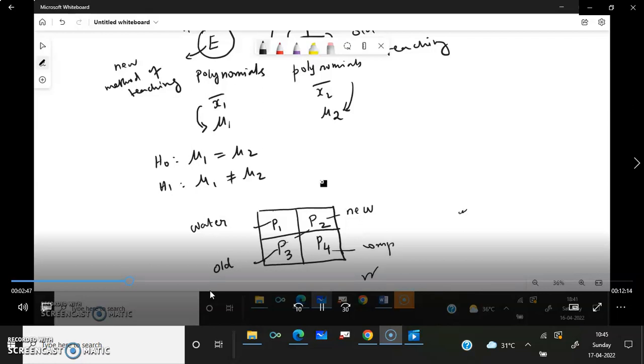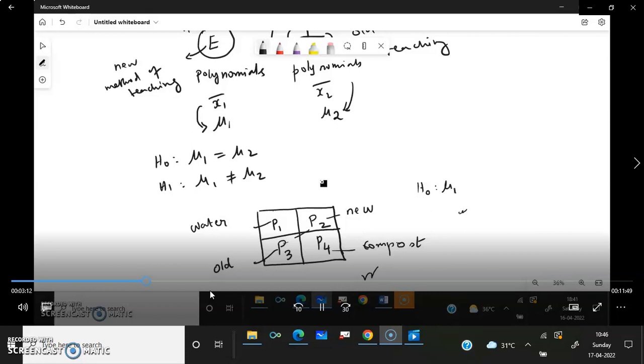The main reason for Anova is that you may have a doubt whether we can use t-test. That is, a t-test for P1 and P2, another t-test for P2 and P3, another for P3 and P4, another for P4 and P1. If you do such combinations of t-tests, there will be alpha inflation.